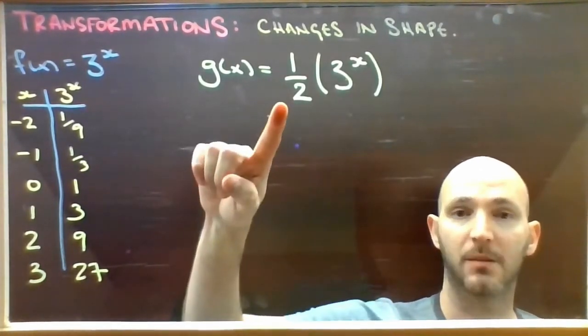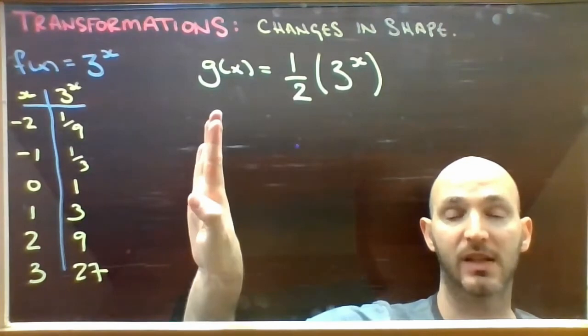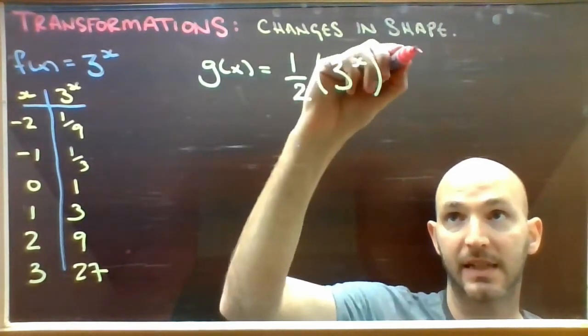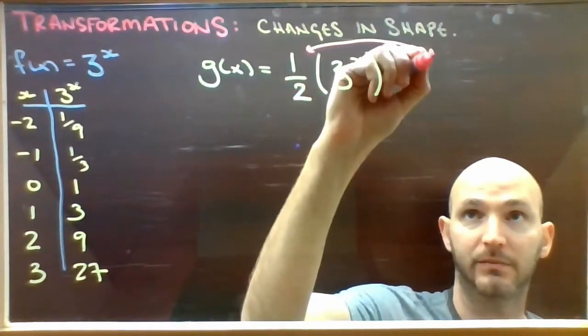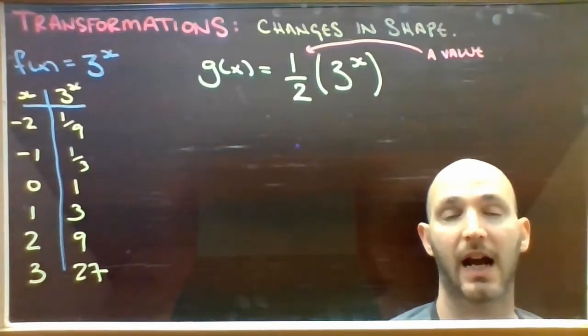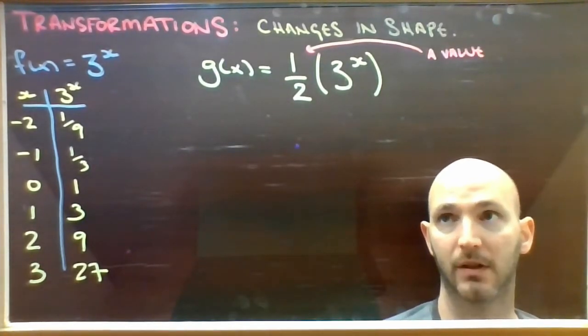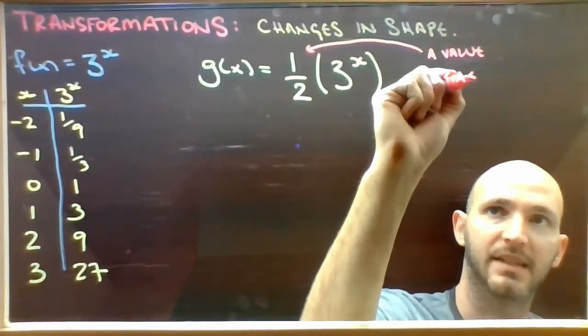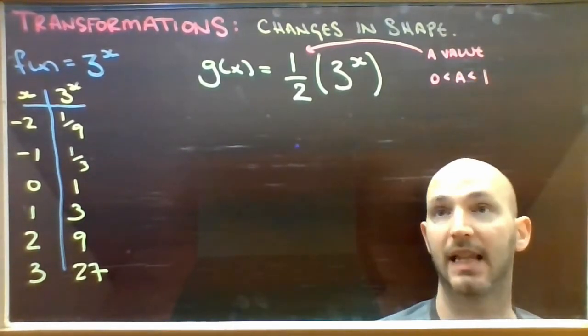So I look at this number here and I notice that it is outside of the function and it's a multiplication factor. That makes it an a value. And this number here happens to be less than 1. So I have an a that is still a positive number but is less than 1.